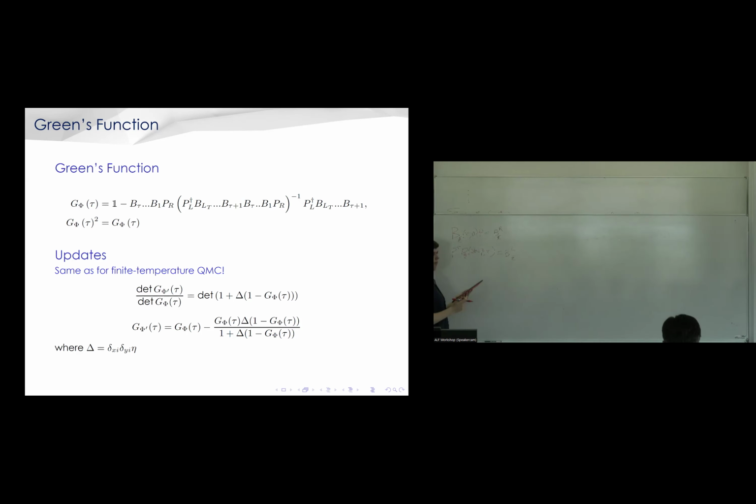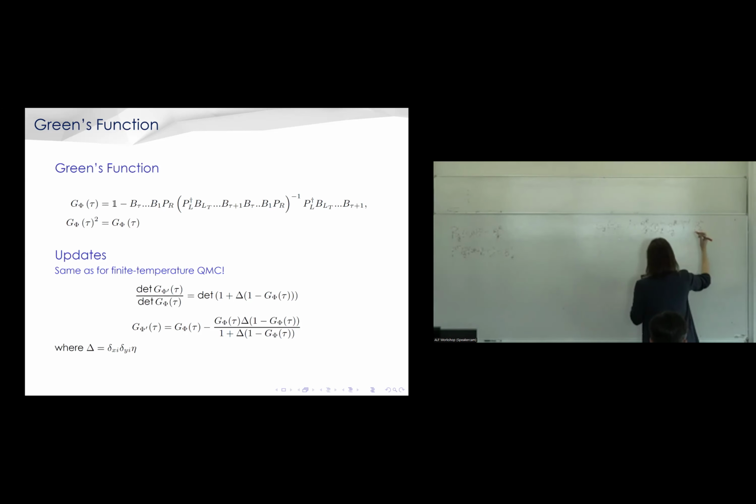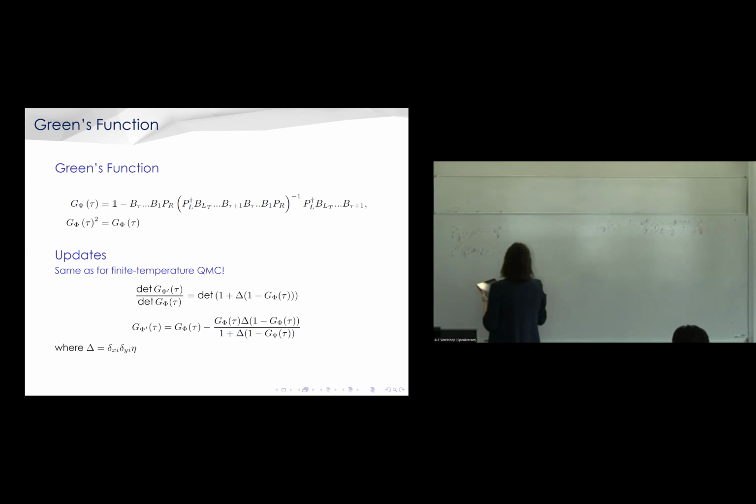And then the Green's function using these for equal time is going to be 1 minus BR times BL at phi, BR at phi, inverse, BL for phi.